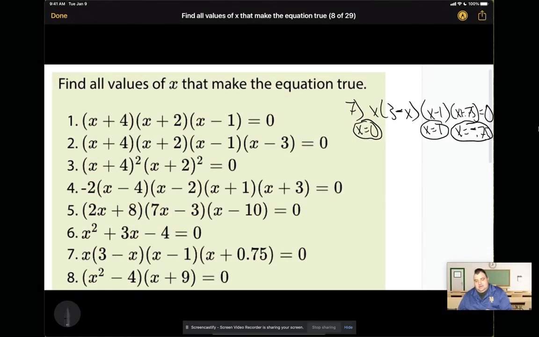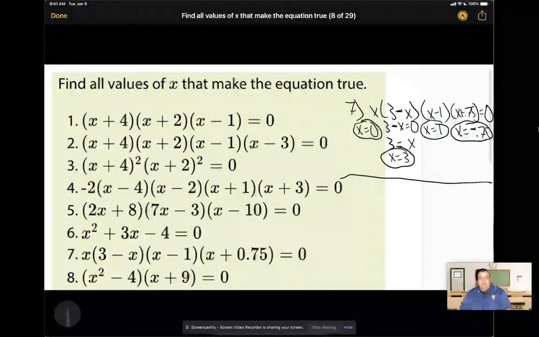Now, for this one, I have to do 3 minus x equals 0. I could do that switching of the sign trick, and the way I'm going to do that is I'm going to say 3 equals, and I'm going to change the minus to positive. So I end up with 3 equals x. Just like here, I did x equals 1. So the x-intercept is going to be x equals 3.